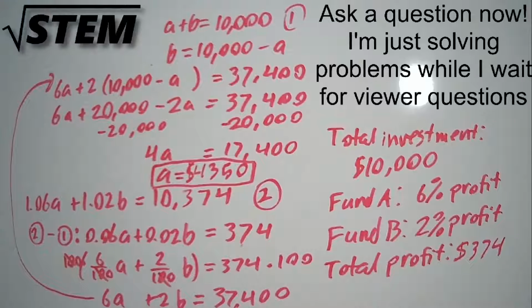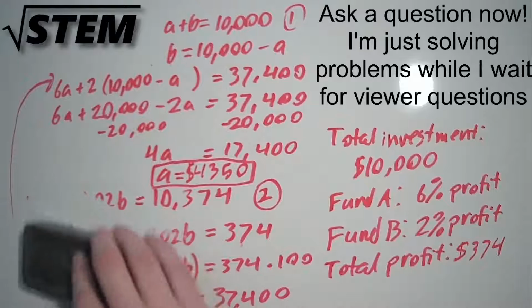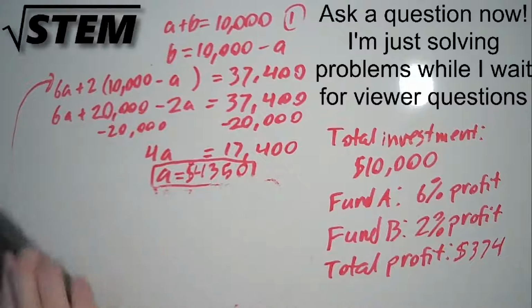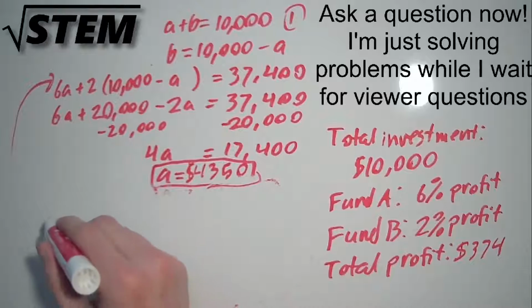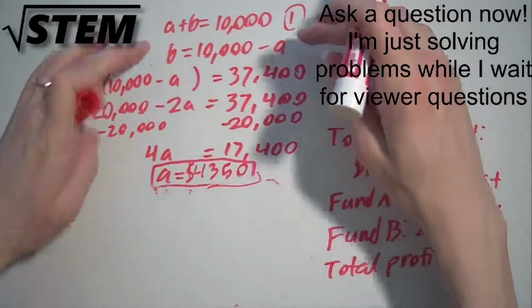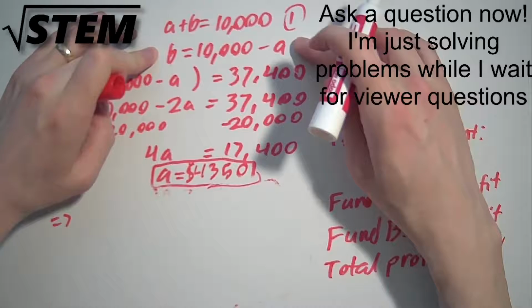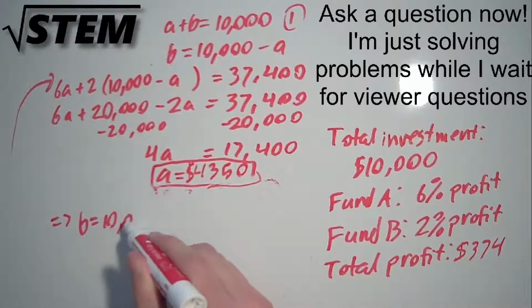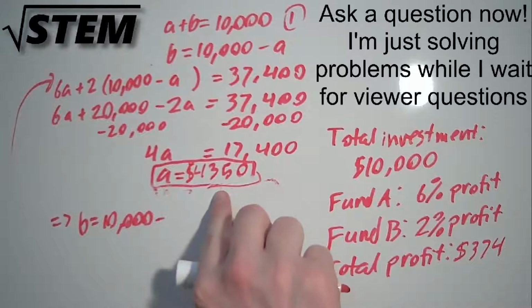So the amount we invested in A is $4,350. And then that means, now that we have A, we can come up here and calculate B. B is $10,000 minus that.